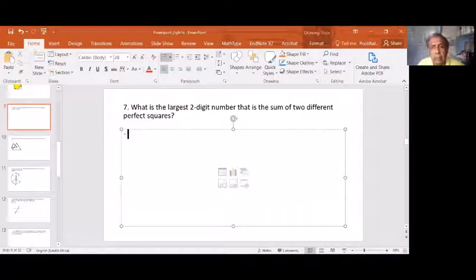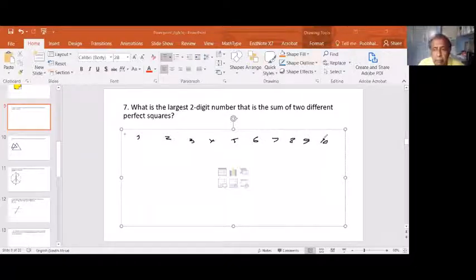All right, so we want to add two perfect squares, and you can't have them with more than two digits. So let's just write down all the squares that we know, which have got two digits, or even less. We're starting from 1. Let's write down 1, 2, 3, 4, 5, 6, 7, 8, 9.